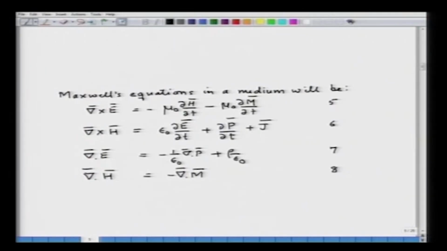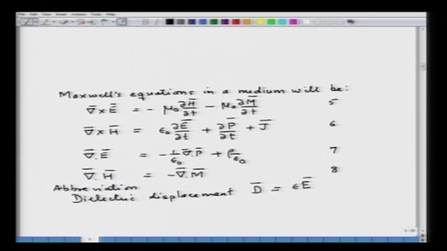Now, these 4 equations can be further abbreviated if we use the abbreviation defining the properties of material, which is basically the dielectric displacement instead of electric field. Dielectric displacement D is given by epsilon times electric field. Epsilon is the dielectric constant of the material, which can be written as the electric field in the vacuum plus the polarization.